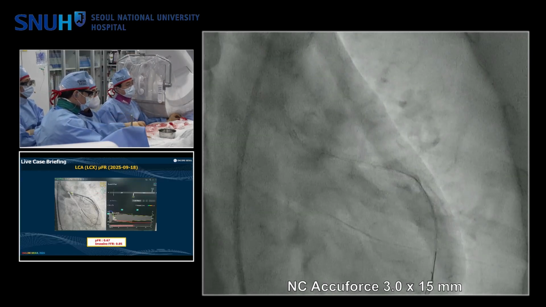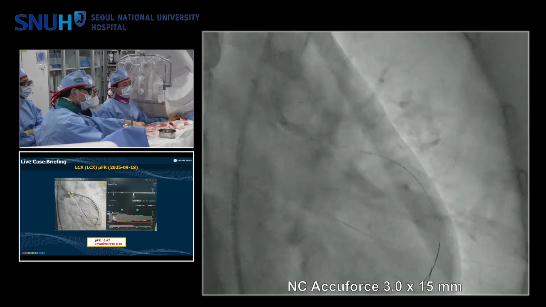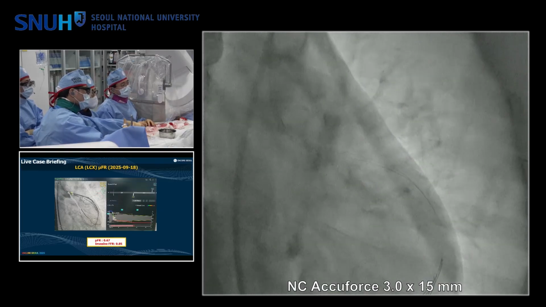So Dr. Kao, as you mentioned, the IVUS is very important for the left main intervention.